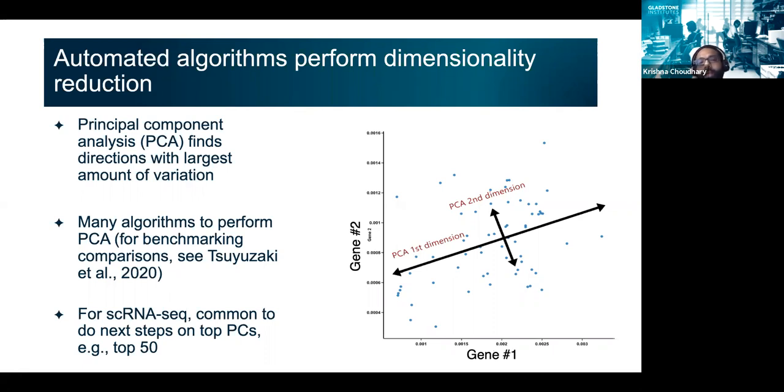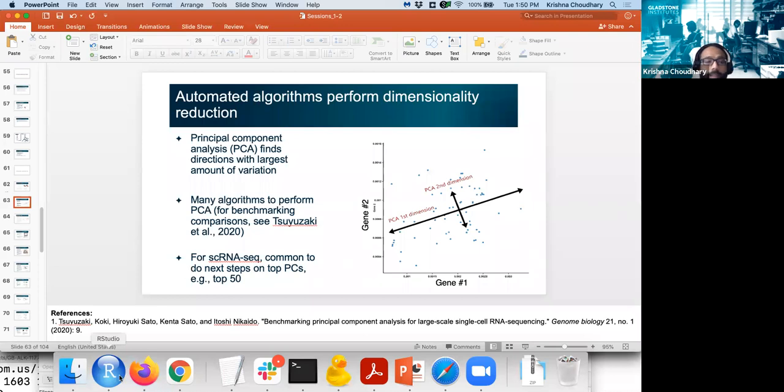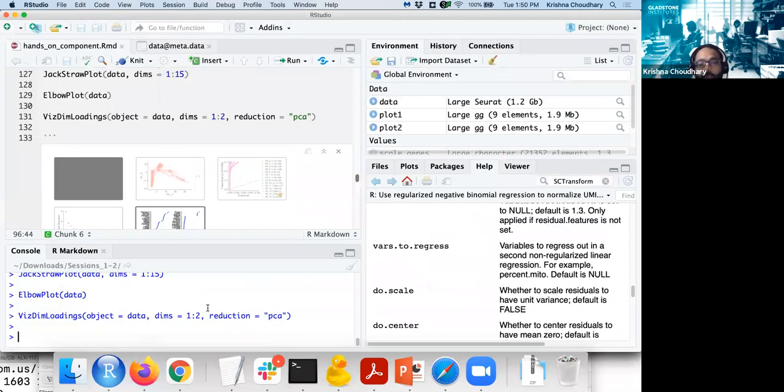It can take a while to perform PCA if you run classical approaches. So there have been many different optimizations which have traded off a bit of accuracy for computational efficiency. And you can read this benchmarking paper for some comparisons. In general, I don't see much discussion around PCA. I think Seurat provides only one approach for PCA.